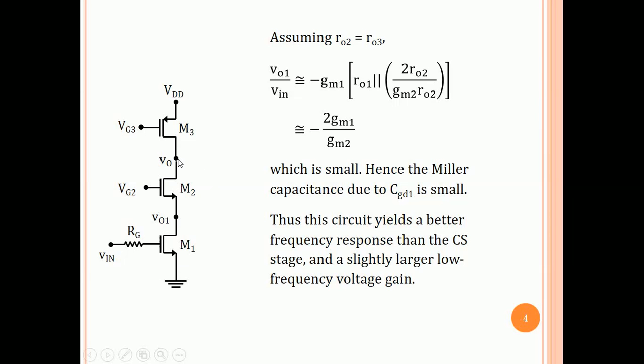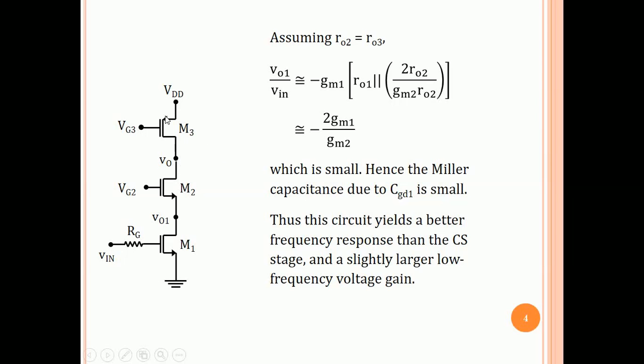In fact, let's also look at the time constant here. The time constant is the capacitance times the resistance, and the resistance, as we just saw, is basically RO3. So that time constant is also basically the same order of magnitude as the output time constant of a common source amplifier. That is the advantage of this circuit.